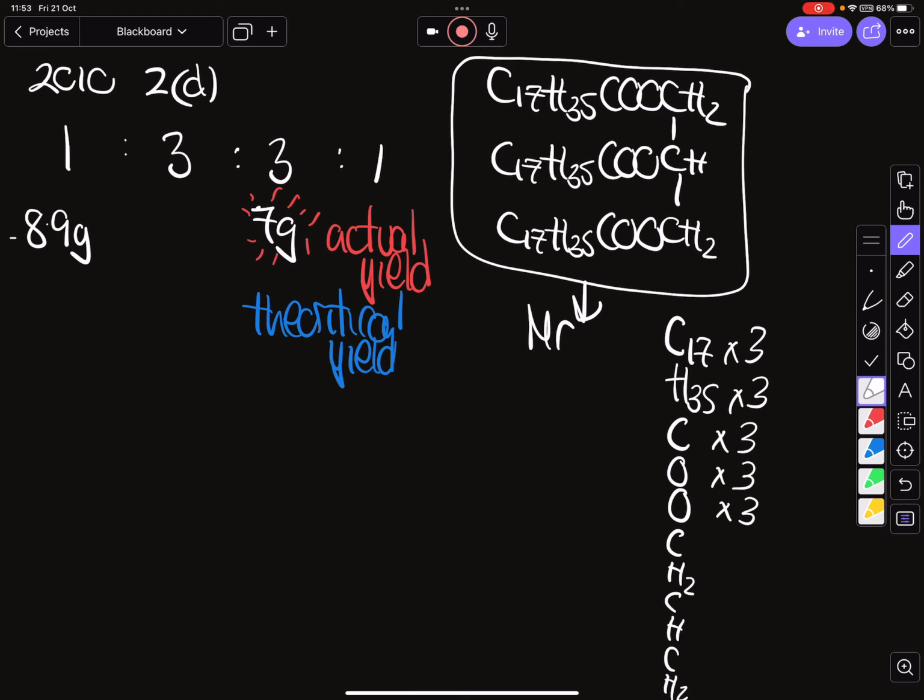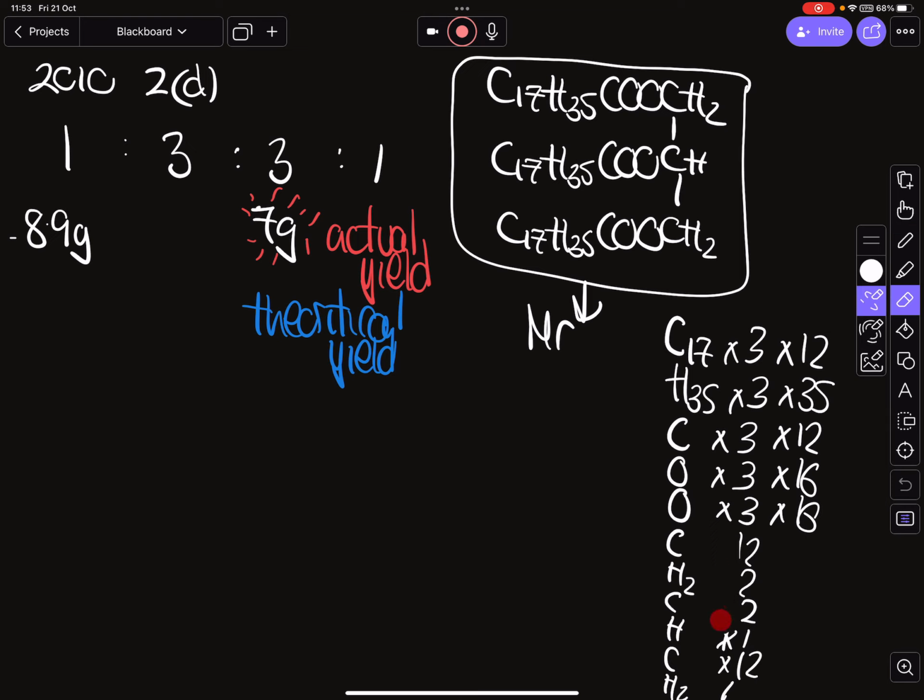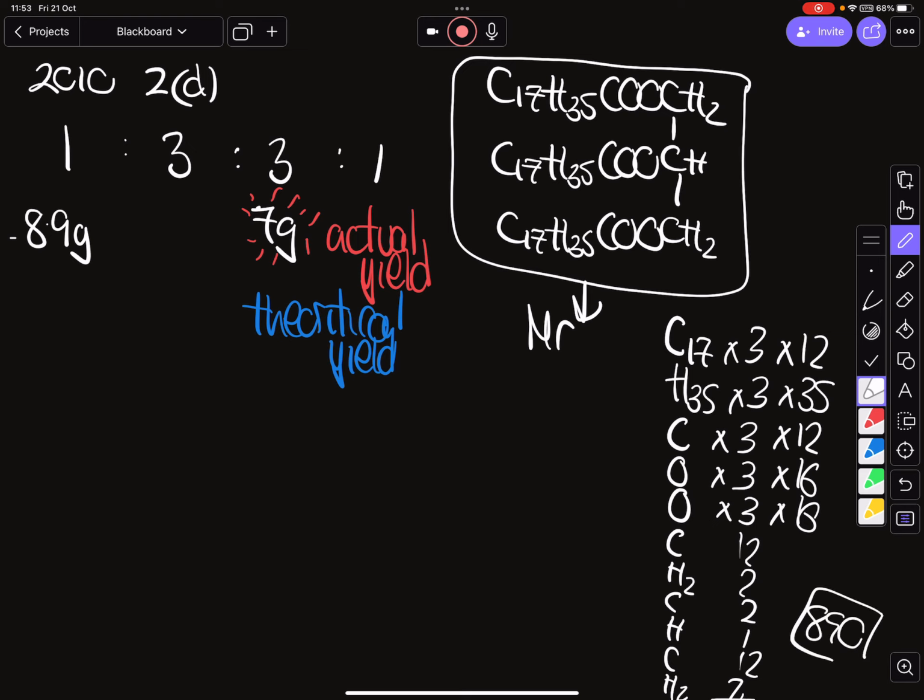And you literally multiply it all out, put it into your calculator as one big thing, by 12, by 16, by 16, by 12, by 2, by 12, by 1, by 12, sorry, not by, plus, apologies. These are all plus. And a 2 down here, and when we add this up, we should get 890.